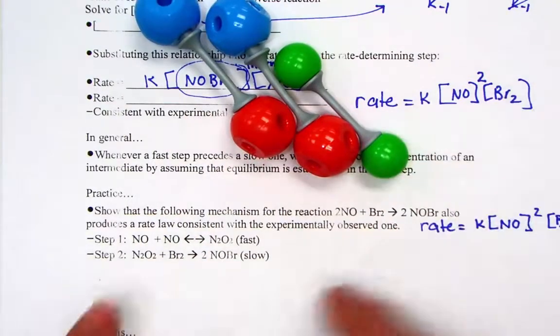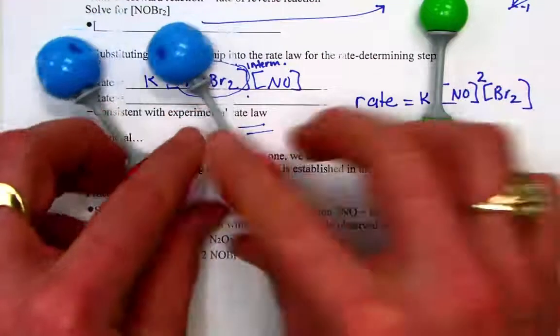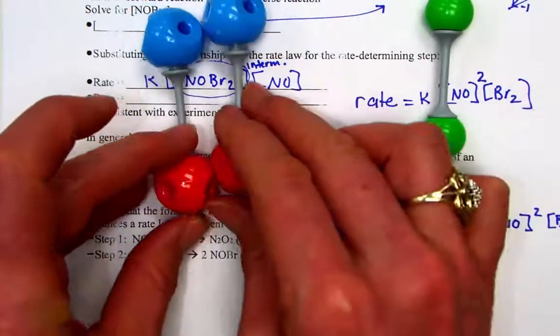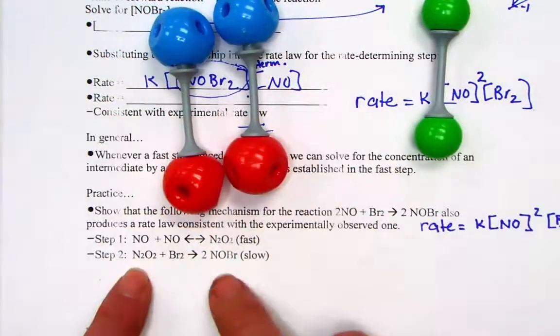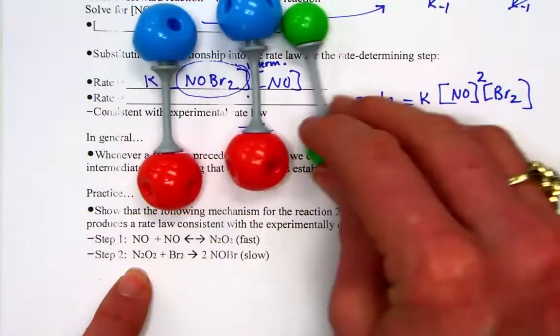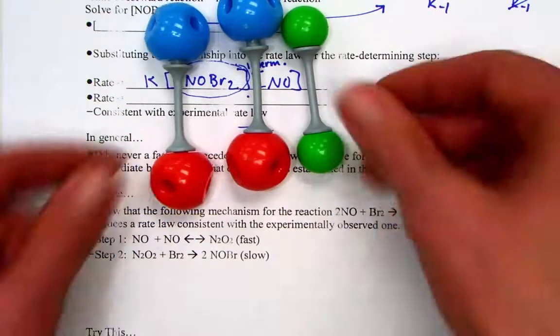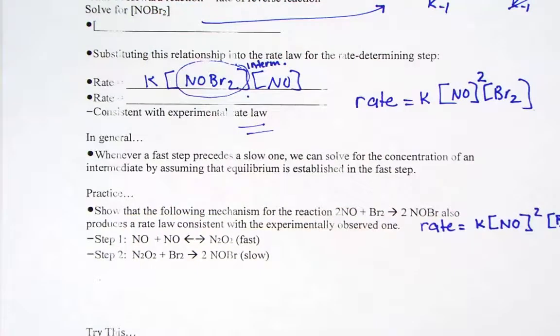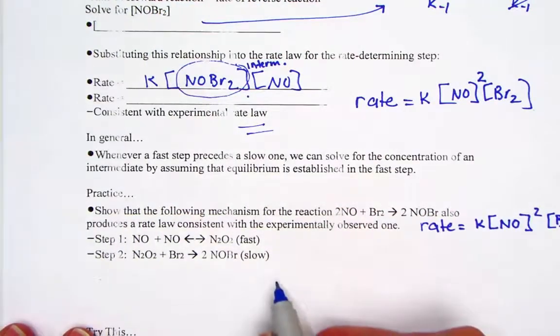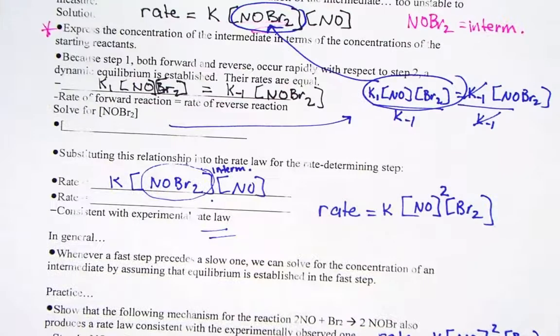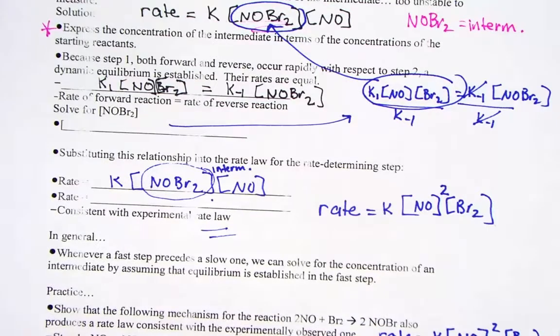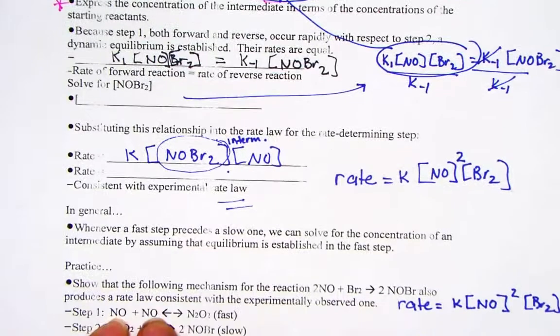So a second proposed mechanism says, let's take the like molecules and collide those. Then in the next step, take that intermediate and bombard it with the bromine, so that each one of these steps would be a bimolecular elementary reaction. NO plus NO is a bimolecular collision. It does not give me the observed rate law, so I know that has to be a fast step.